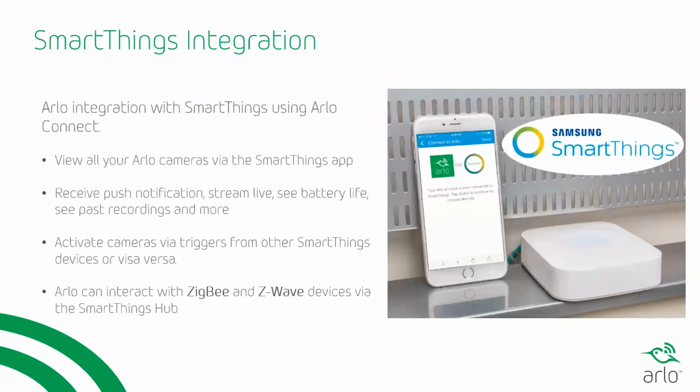You can get your push notifications, your live streaming, see battery life, all of that via the SmartThings app. You can activate cameras via the triggers that way as well. And what it allows you to do is Arlo can now interact with devices that are using Zigbee or Z-Wave via the SmartThings Hub. Without that SmartThings Hub, you wouldn't be able to interact with those types of sensor devices.